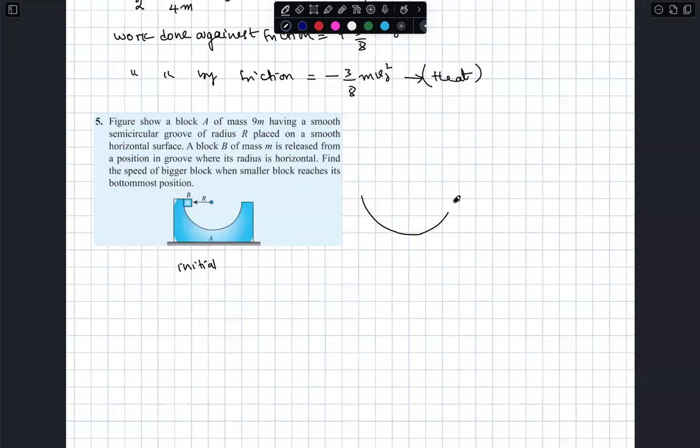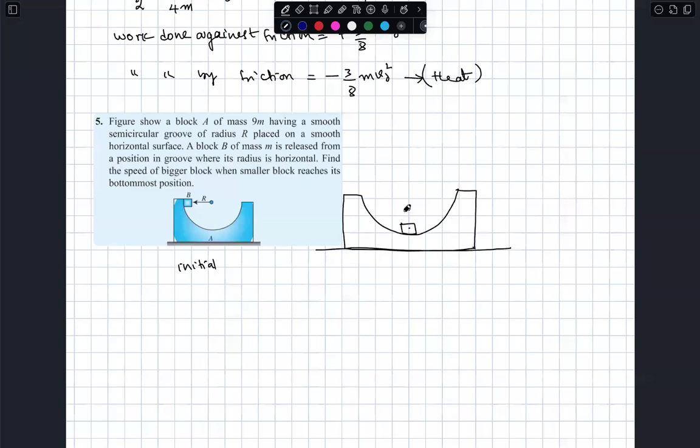What is going to be the final position? My wedge is like this. This is going to be my wedge. And the block is going to be like this.